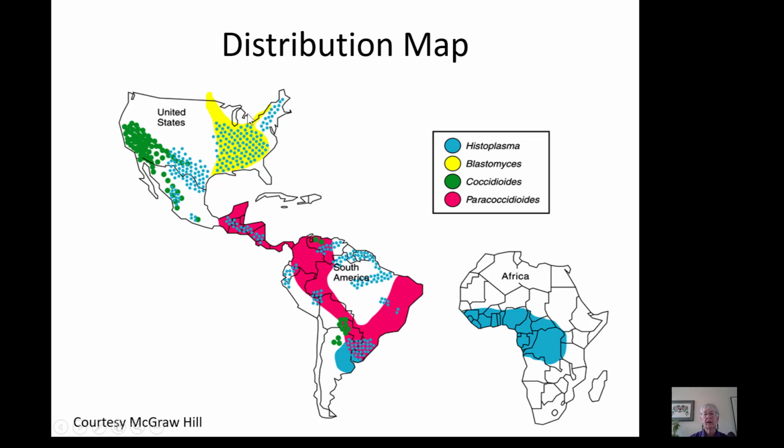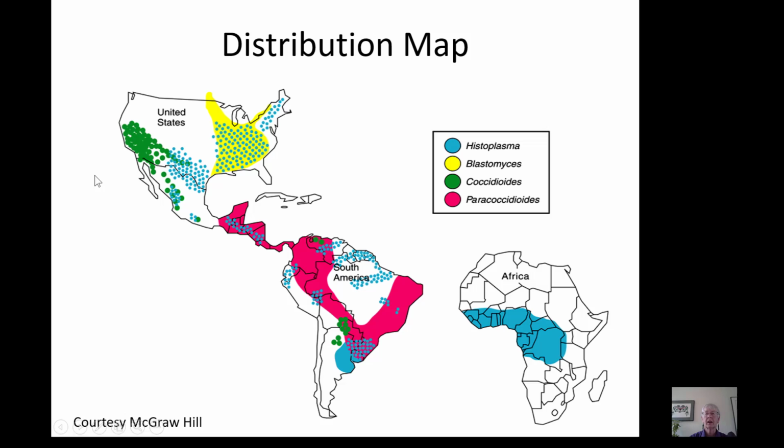Blastomyces is seen again in the eastern and central US and going up into southern Manitoba. So if you hike in these areas, Blastomyces is a pathogen. Coccidioides is a hot weather fungus which is found generally in Arizona and New Mexico.